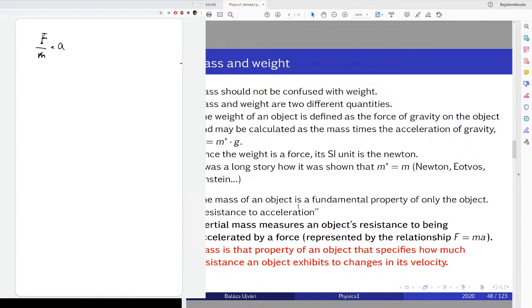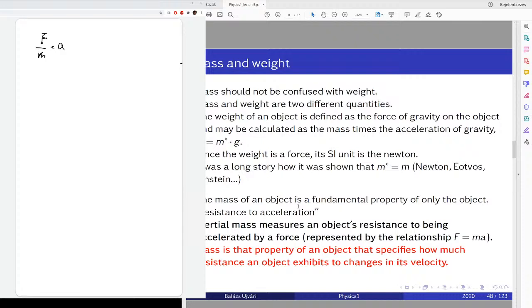Let's say this is 10, and m times g is 700. The unit of the weight is force. So if somebody asks you what your weight is, you should multiply your mass with this g and answer it's 700 Newton.